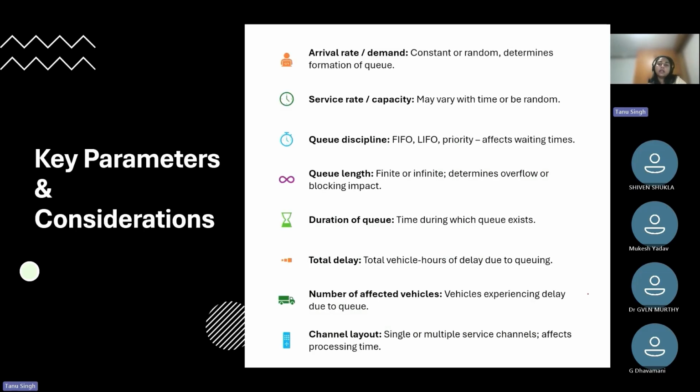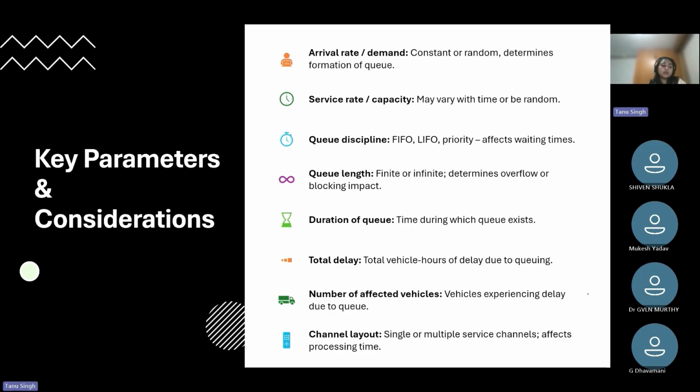So the key parameters of consideration, where we can use both types of queuing analysis, are these. First, we have the arrival rate, which could be constant or random. Then the service rate, which could be constant, random, or variable. Next is the queue discipline, which can be FIFO, last in first out, or priority based, that affects the waiting time.